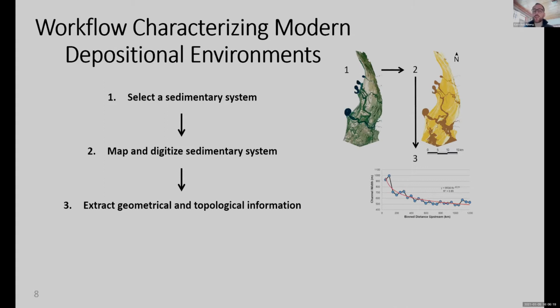Third, extract that geometrical and topological information from those mapped features. And 4, analyze and interpret that data and how we then can incorporate that geometrical information in either the subsurface or trying to predict into the future.